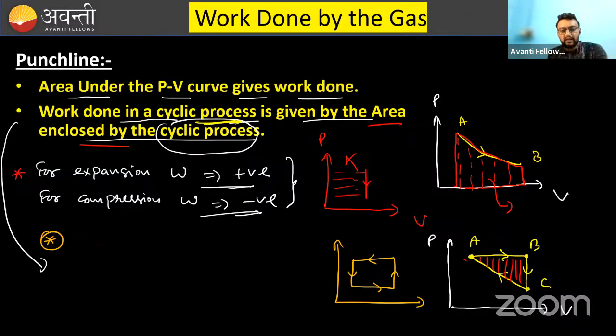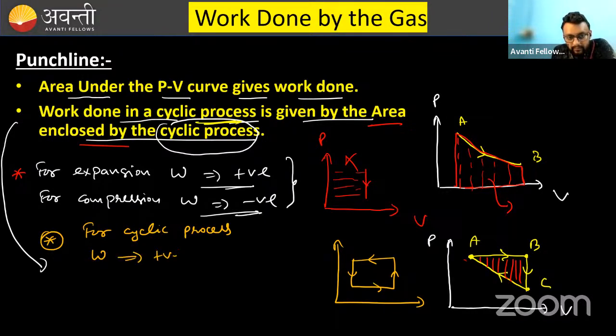You can see on your screen. So what is the thing for a cyclic process? This is again a very important thing. Work done will be positive if the process is clockwise, and work done will be negative if the process is anti-clockwise.